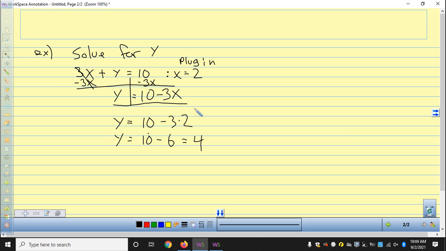All right, let's look at another one. This time we want to solve for n: 3m minus 2n equals 6. So almost the same thing. There's just a little bit different thing going on here.